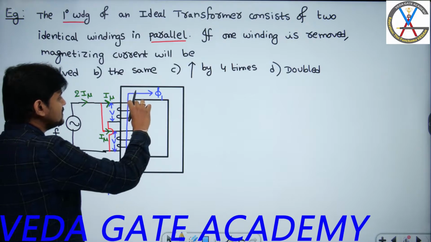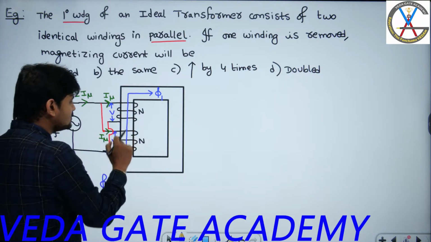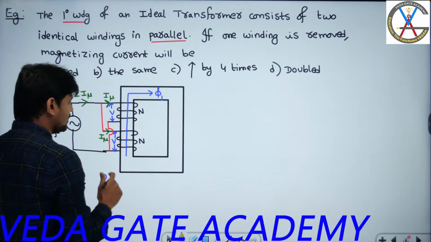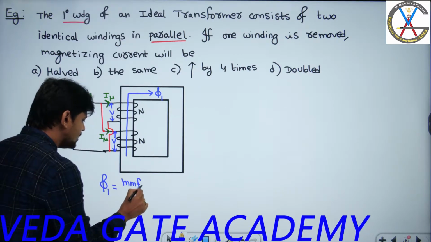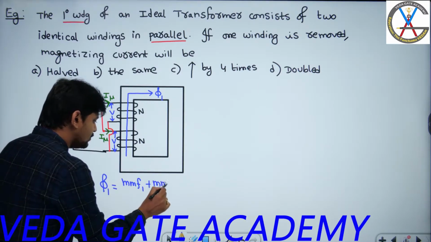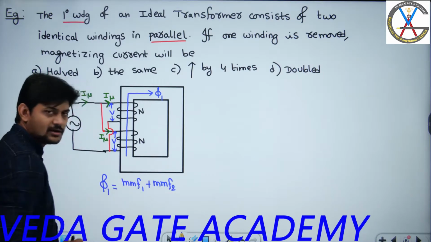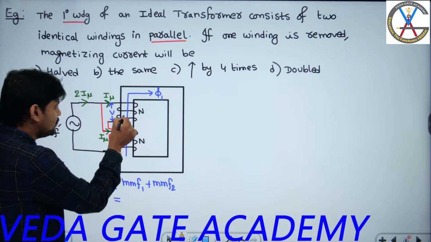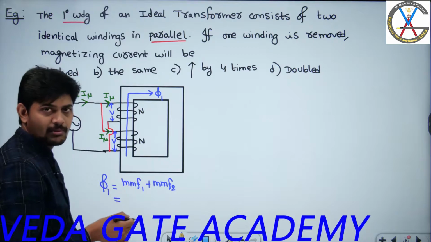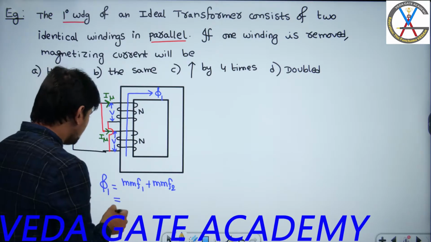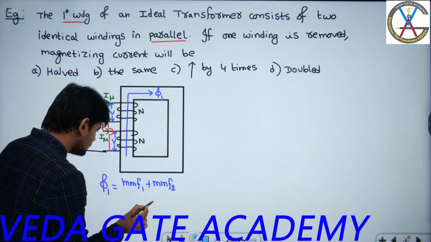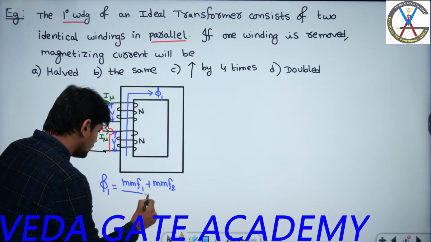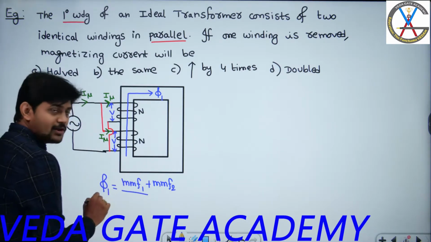Here the MMF is caused by this first winding as well as this other winding which is connected in parallel. So I get the MMF due to the first identical winding plus the MMF due to the second identical winding. The formula for flux is MMF divided by reluctance.